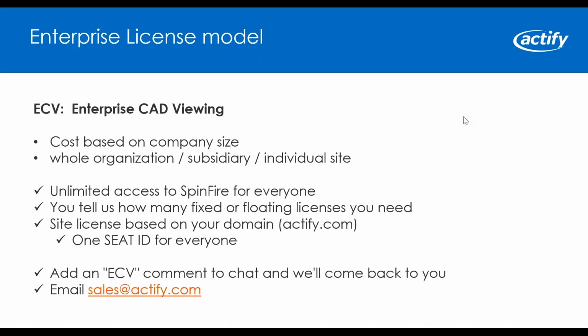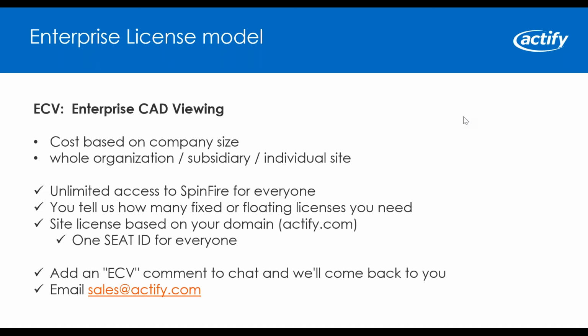If you're a smaller company with 5 licenses or more, or a larger company with 10 or more licenses, then it really is worth asking us for a quote to upgrade to an ECV. This gives you an unlimited number of SpinFire licenses to use across the organisation or that particular subsidiary or individual site. You just tell us how many fixed or floating licenses you need.